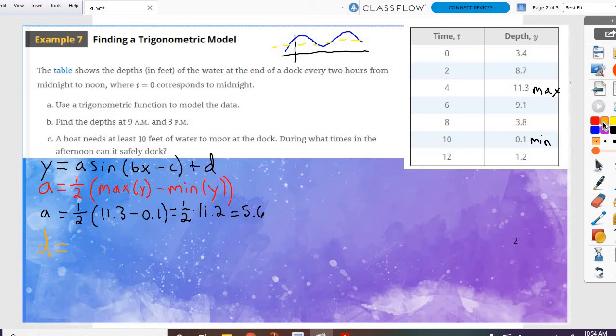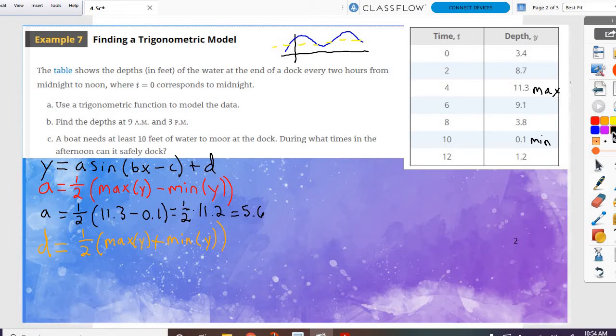Now do realize that this is a little bit different than our A value, because for our A value, it was the distance between the two things, so it was the range, whereas this is the average, or the middle of our two things. And so instead of subtracting, remember that to find an average, I'm taking 1/2 times my maximum y value plus my minimum y value.